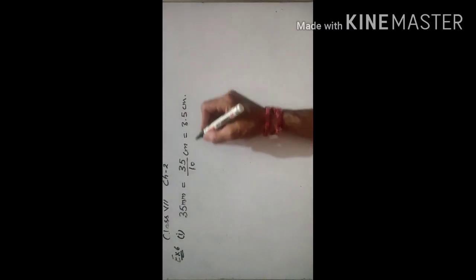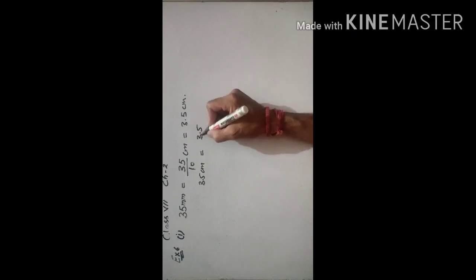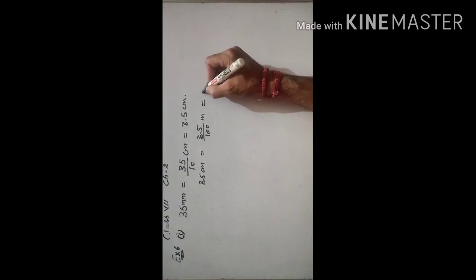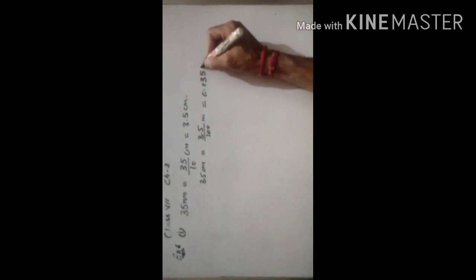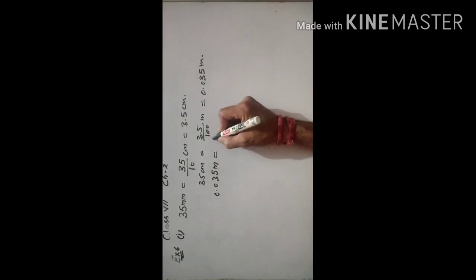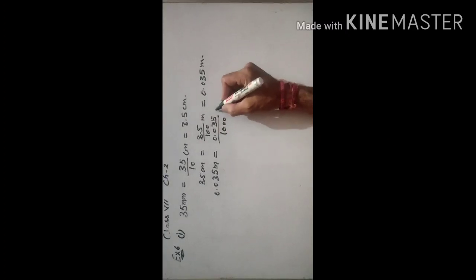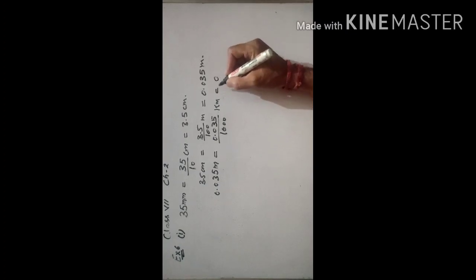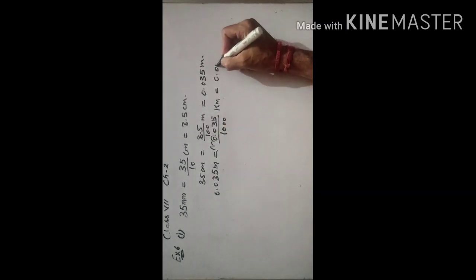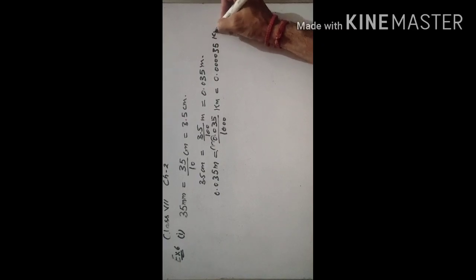Now to convert this into meters, 3.5 centimeters is equal to 3.5 upon 100 meters, that is 0.035 meter. Now 0.035 meter is equal to 0.035 upon 1000 kilometer. Now the decimal moves 1, 2, 3 places, so 0.000035 kilometer.